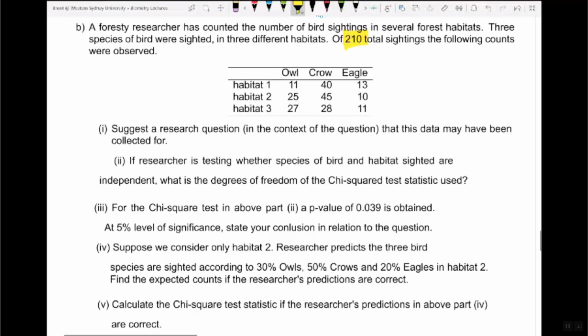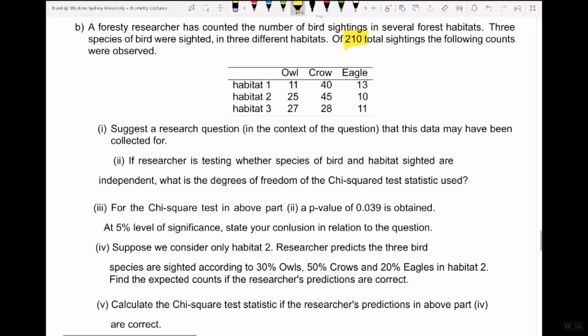So B1, research question could be: is a particular bird species evenly distributed across these habitats.